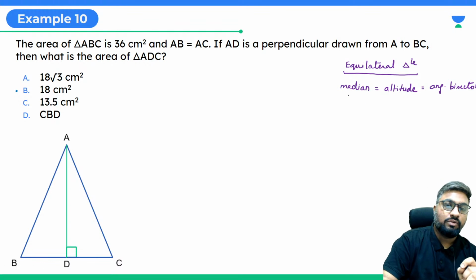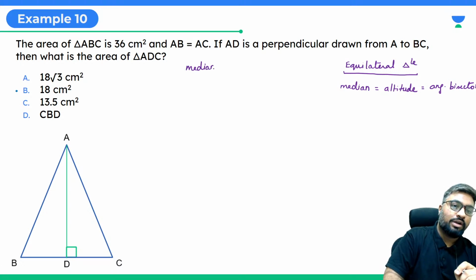Okay. So what happens is, a median का एक property है. What a median does is it divides the triangle in two equal parts in terms of the area.